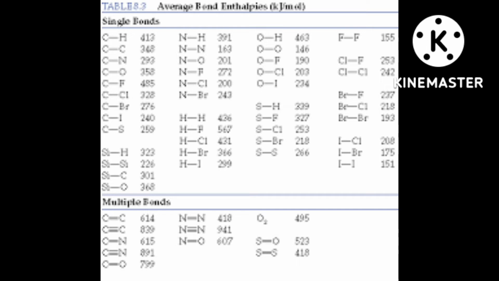The enthalpy change involved in this process, breaking H2 into 2H, is the bond dissociation energy of the H-H bond.